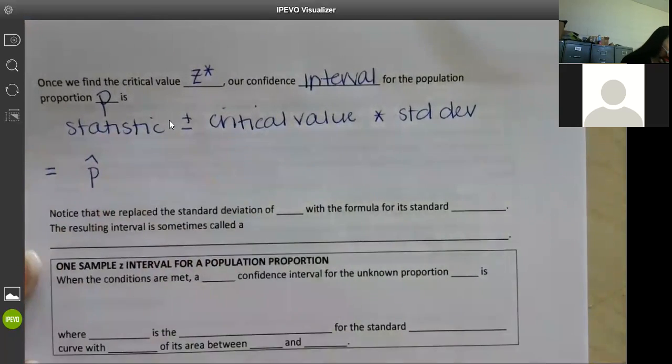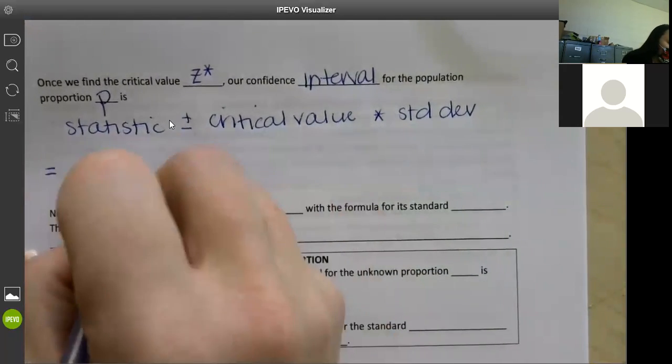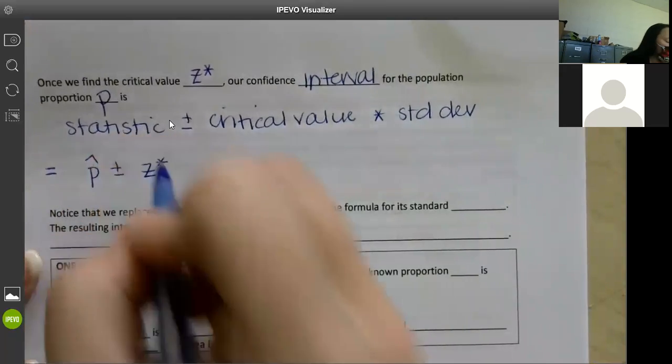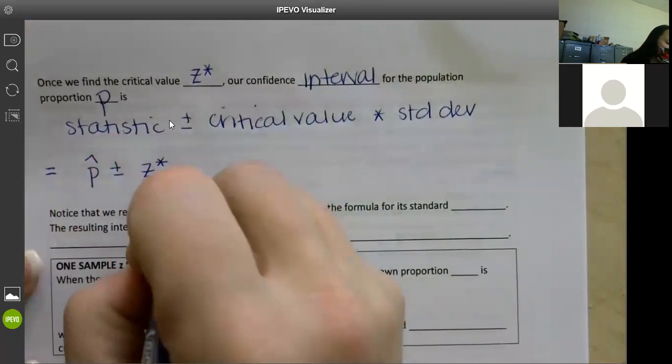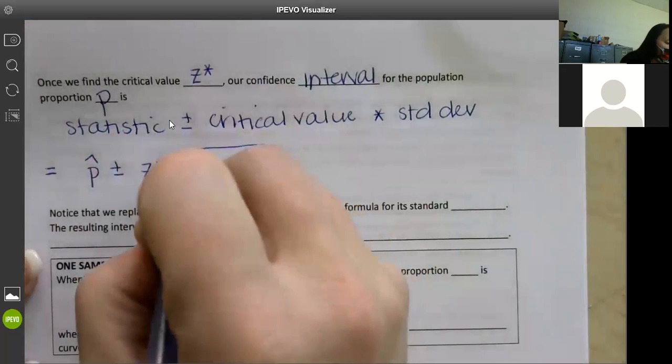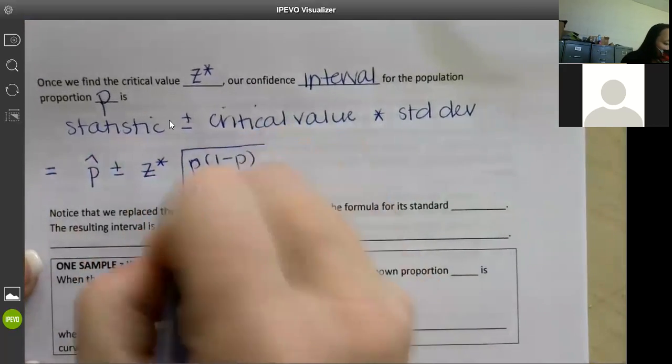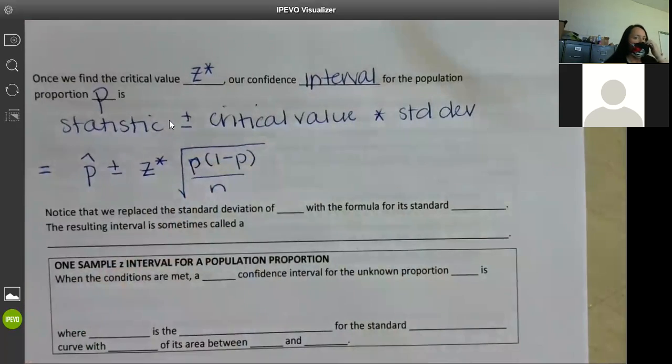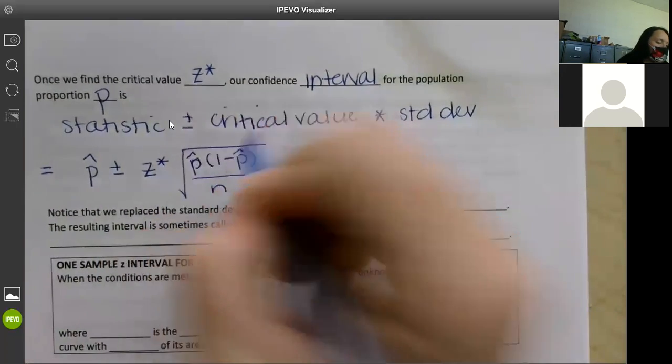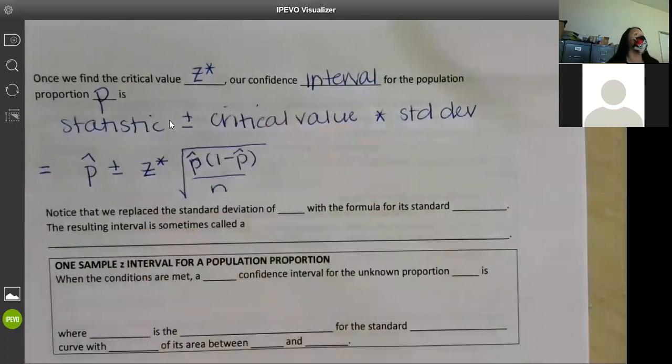Our statistic is P hat. Our critical value is our Z star. And then to find our standard deviation of a proportion, the square root of P times 1 minus P over N. And again, because we're talking about the sample proportion, it's going to be P hat. Yes, that is the same formula from last time.